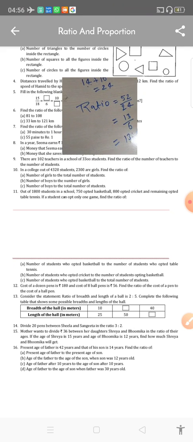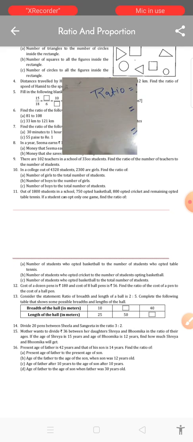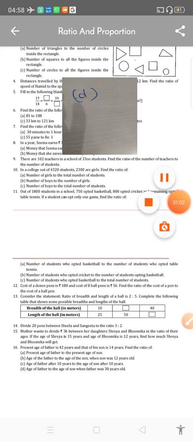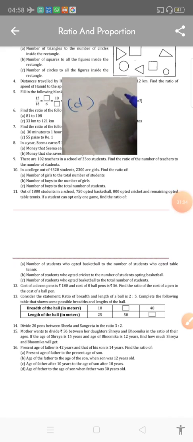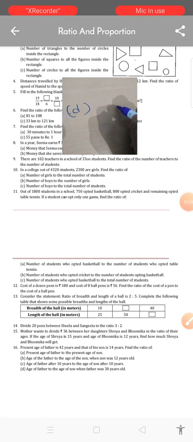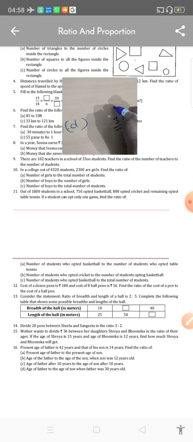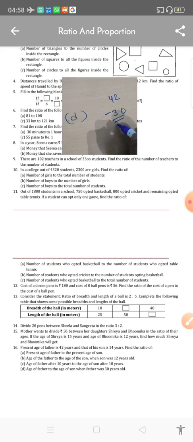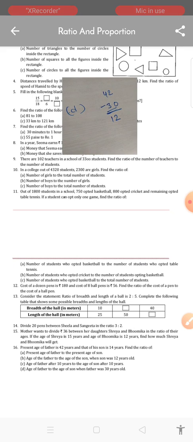Now D part is given here. When father was 30 years old, when father's age is 30 years, it means the present age of father is 42 years. If we subtract, we obtain 12 years. It means 12 years ago.